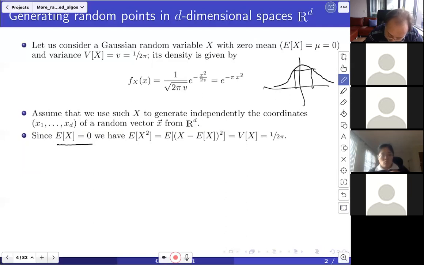This is supposed to be x, and this is also supposed to be x.